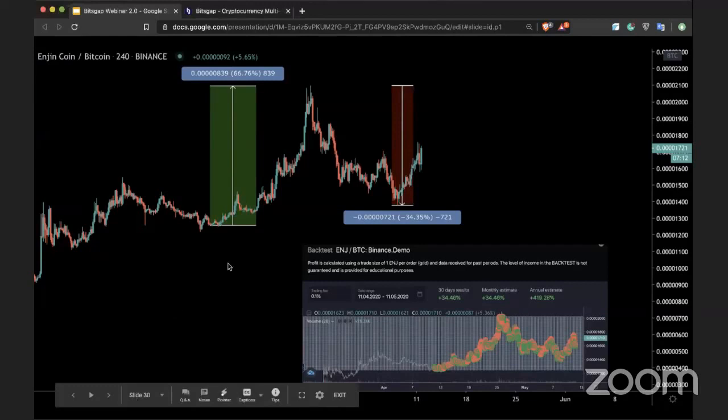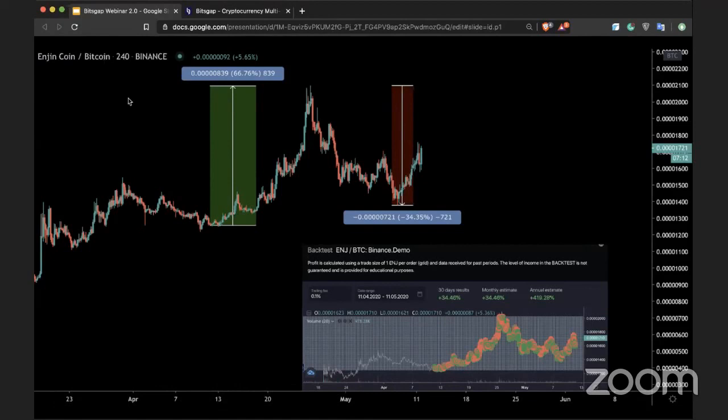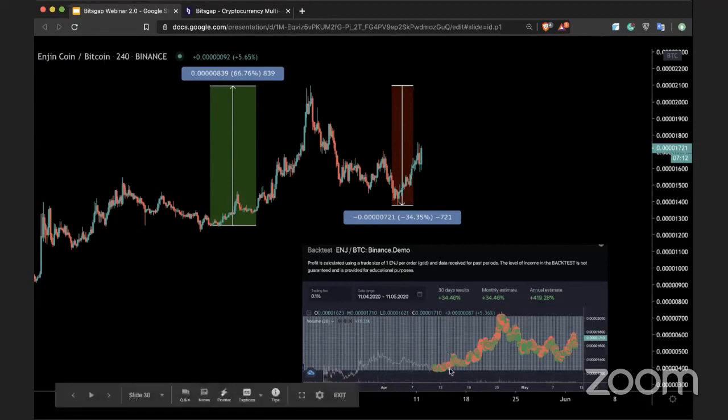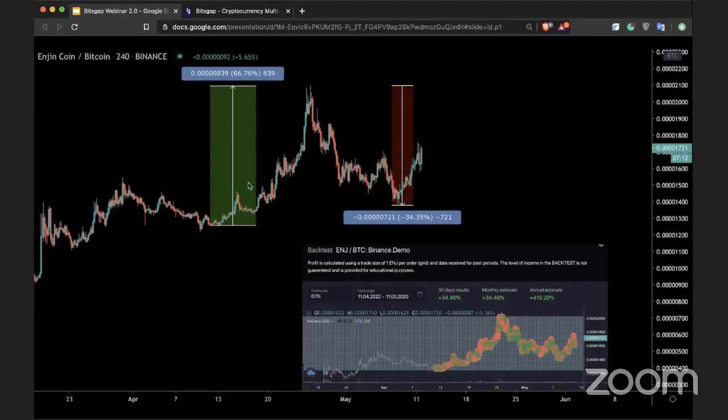So here's the example. It's NG coin trading to Bitcoin. I took the period from the 13th of April till the 13th of May. And here you can see that there was an upside momentum of approximately 66% starting from the 13th of April, and right until the very top of the price momentum here.